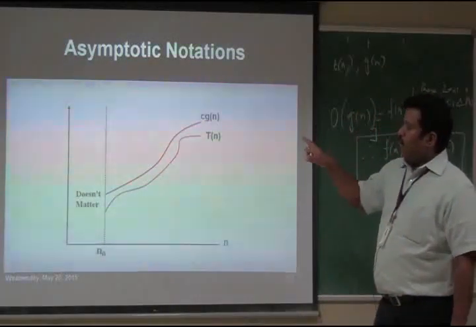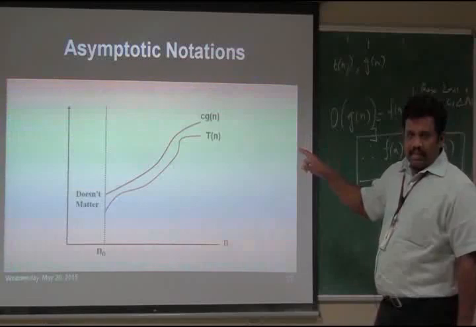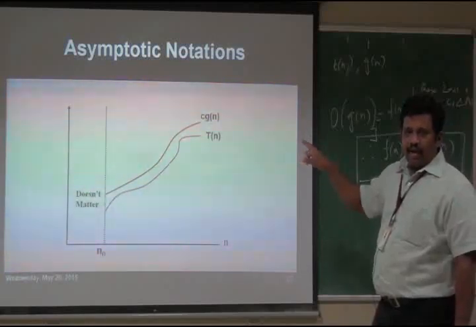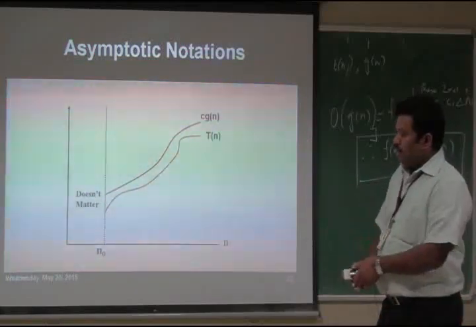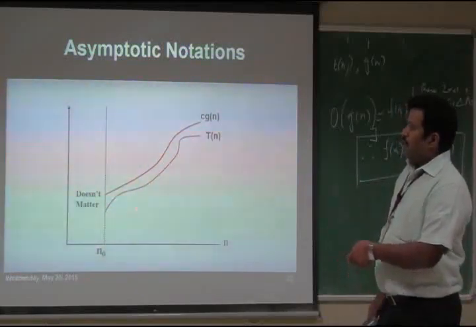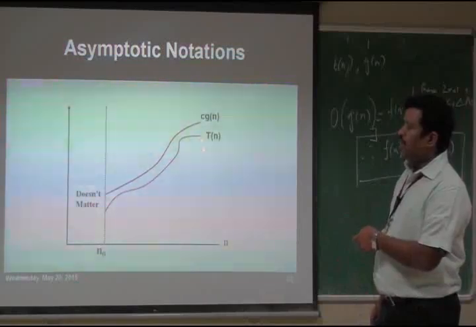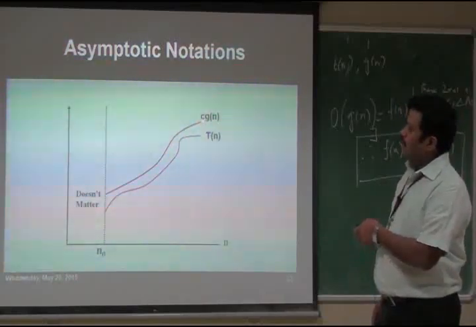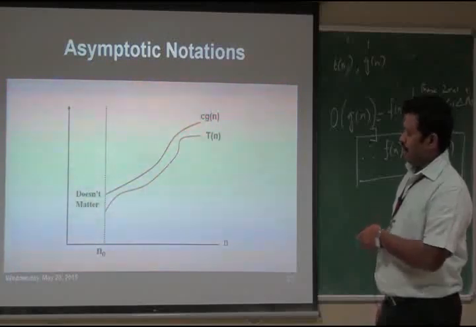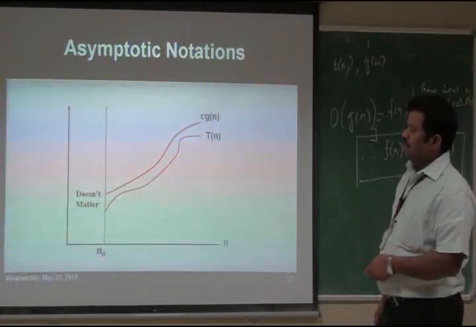Here, the two functions are compared with the algorithm execution. There are two algorithms here. After this break even point, some algorithms go beyond the limit. It represents the upper bound of resources, with the constant multiple c into g of n. This is called big O notation.